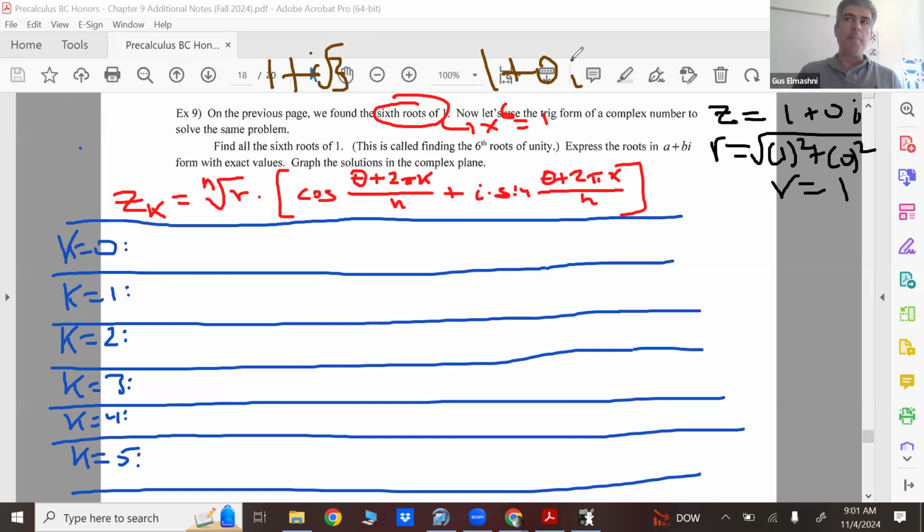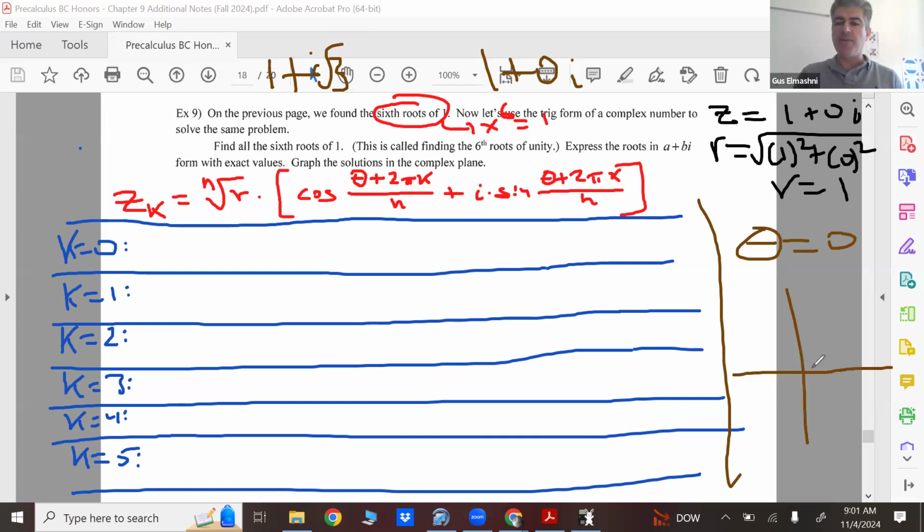So what's your theta going to be then? It's going to be 0. Actually, I'm going to draw the unit circle now because I said I was going to do it. Might as well do it now. I'm sorry, these colors suck. I might need to change my contrast again. That might be a little better.